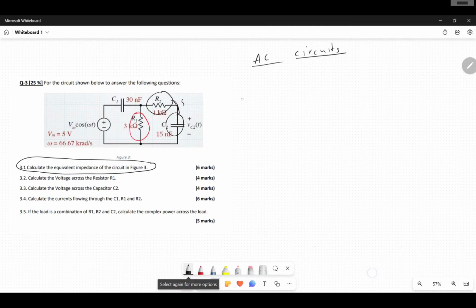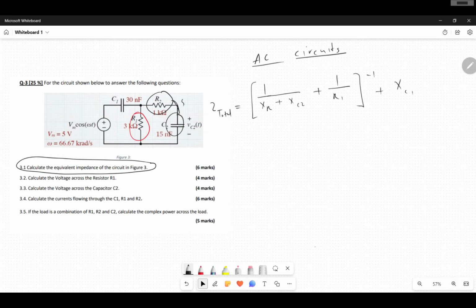So I think we can just say 1 over impedance of R1 plus impedance of C2, plus 1 over impedance of R1, that all inverse, plus impedance of C1. Then we can get Z total. I hope that makes sense.